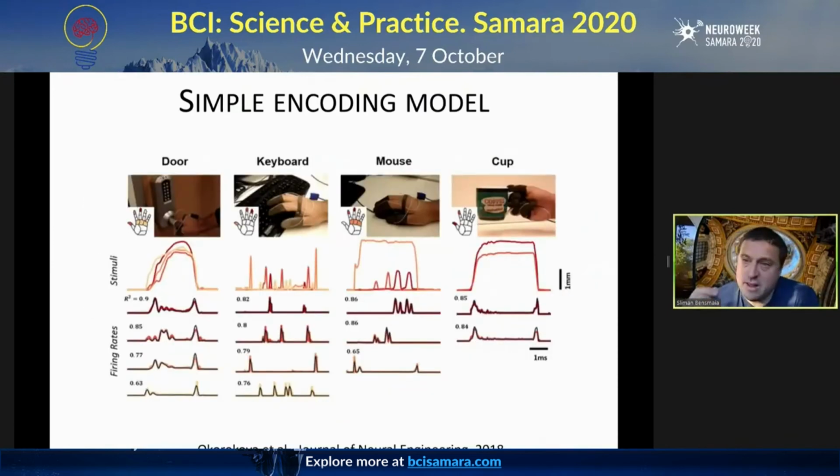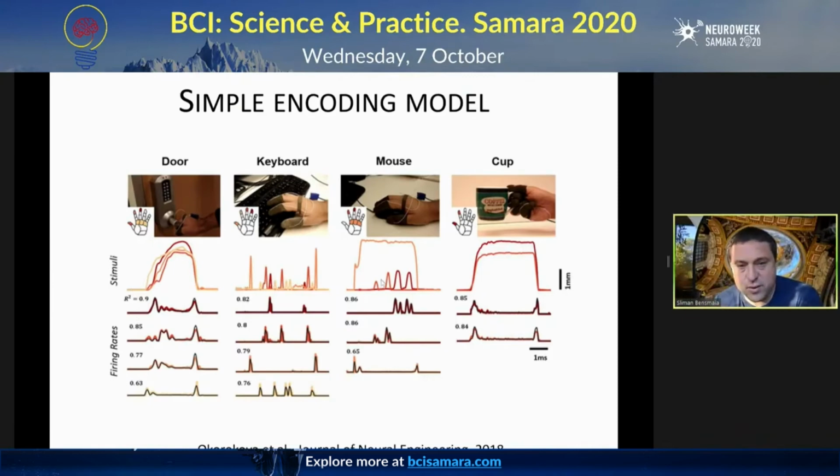First, we developed a very simple model. It's a linear model with a handful of parameters, and it can reproduce the aggregate activity that is simulated using the full model very accurately. So here, this is during activities of daily living with a sensorized glove.